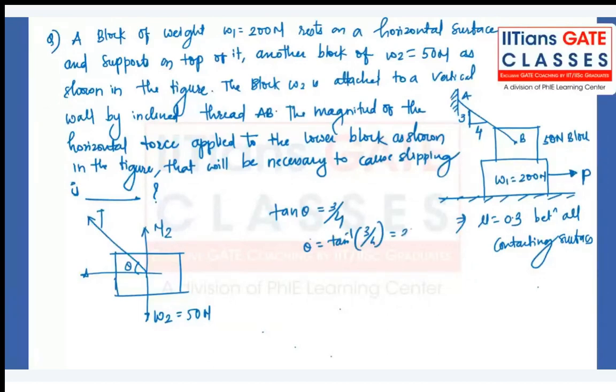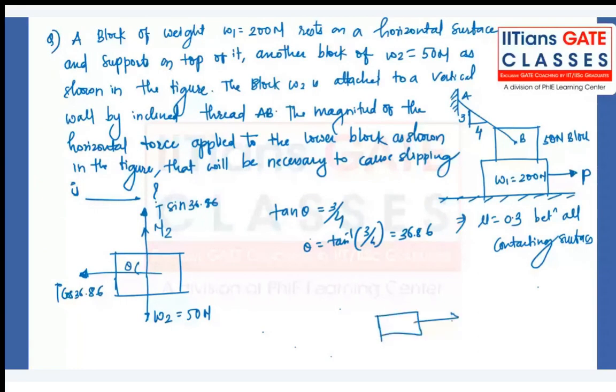Now, directly I will write the components, so you will understand it clearly. The component of tension in the vertical direction is T sine of 36.86. The component in the horizontal direction is T cos of 36.86. Because of this force P, the block will move towards the right.